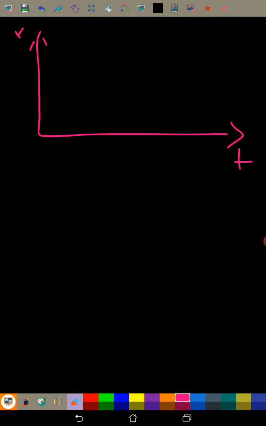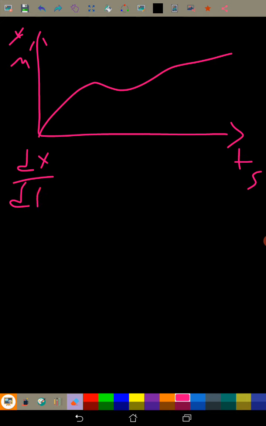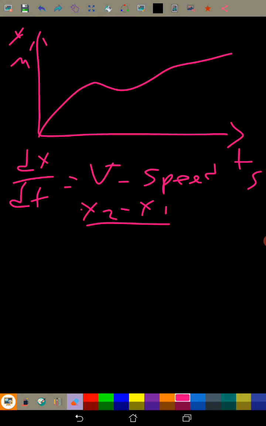So this is about the denotation, but let's have a look at a graph. So this is t, this is x. X is distance and it's in meters, and here t is in seconds, right? We have a graph. So if we want to know how x is changing with respect to t, we'll get v, which is the speed.